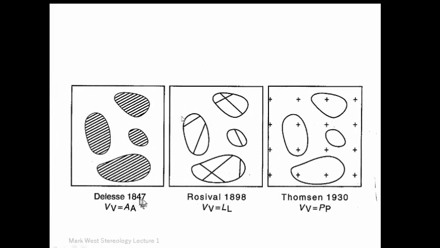Here we see again, going back to this VV versus AA, all the way back to 1847. A lot of the early stereological techniques were developed by geologists to evaluate the amount of particular ore in samples that are going to be mined.